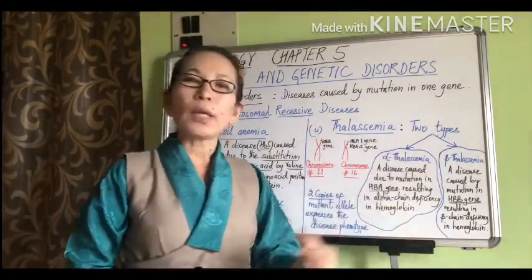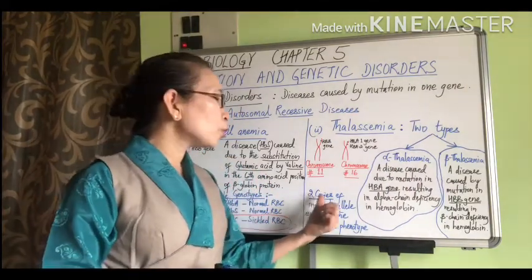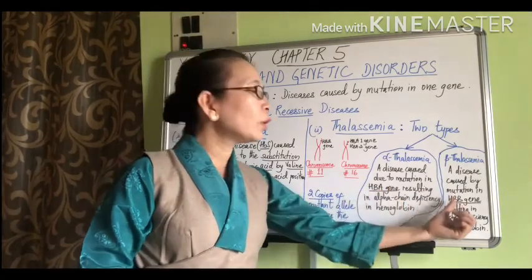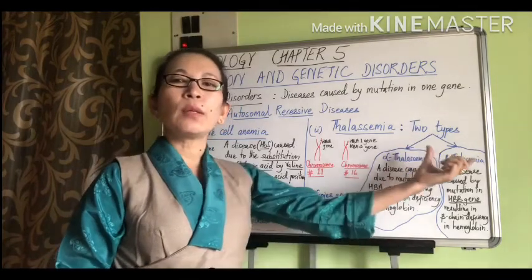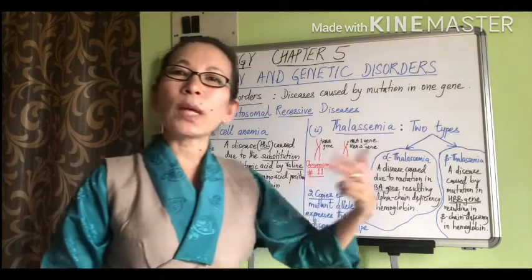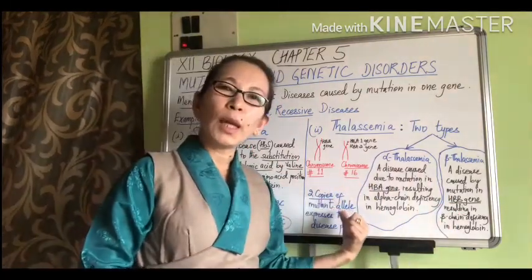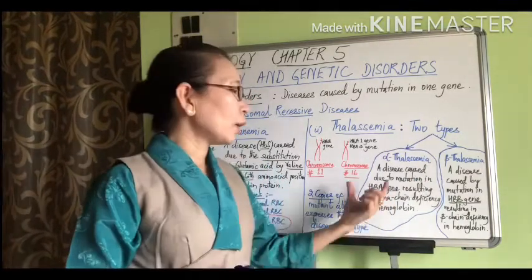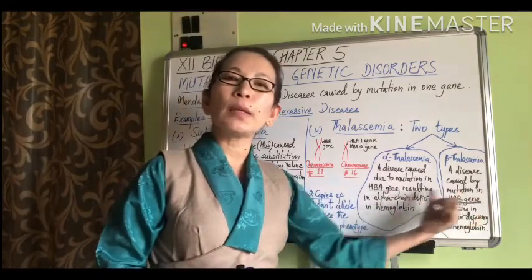If we look into the inheritance of thalassemia, only individuals who have two copies of the mutant HBA gene or the mutant HBB gene will express the thalassemia condition. Individuals with a heterozygous genotype, having one normal HBA allele and one defective allele, cannot express the disease.